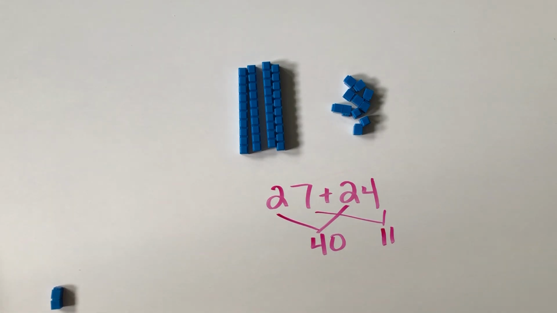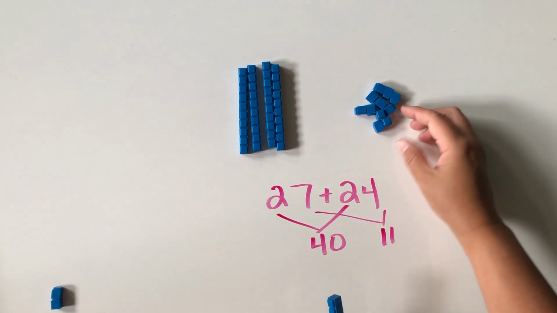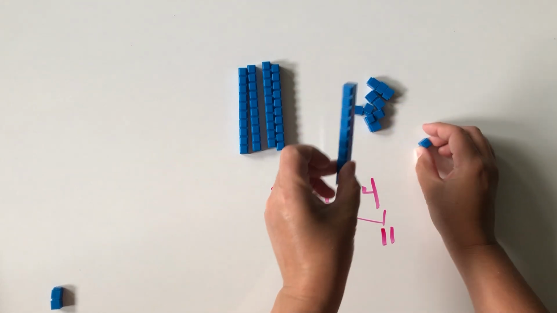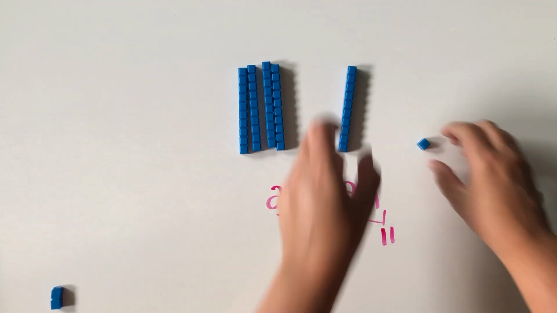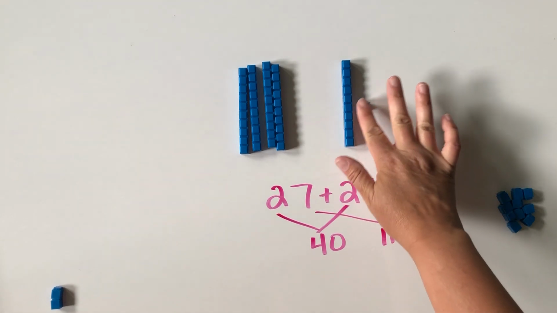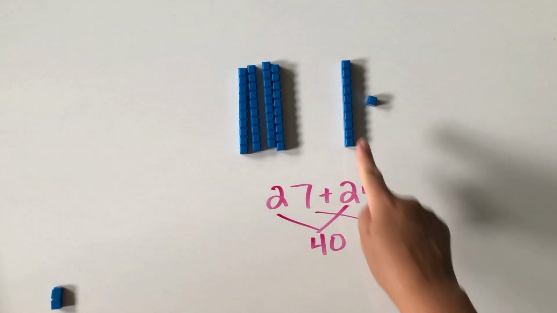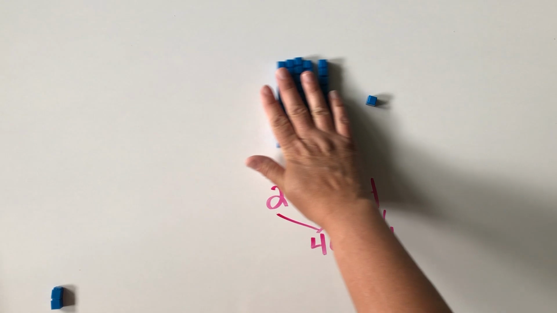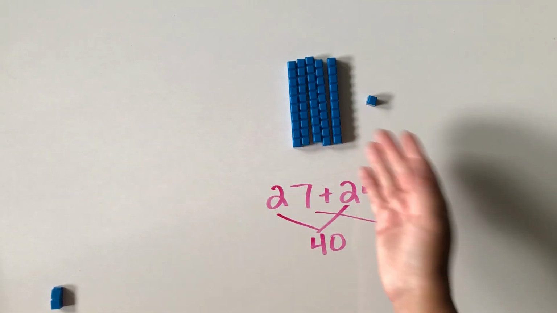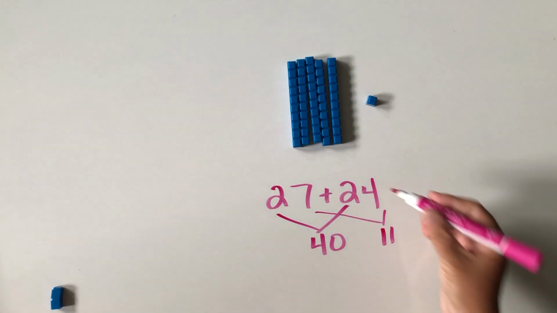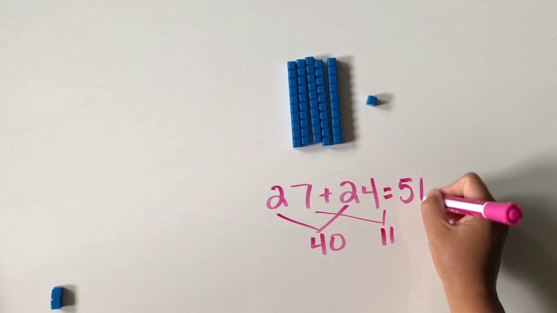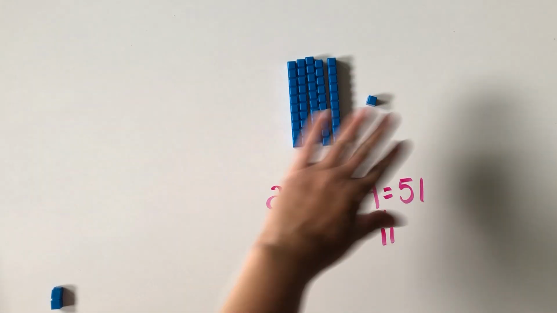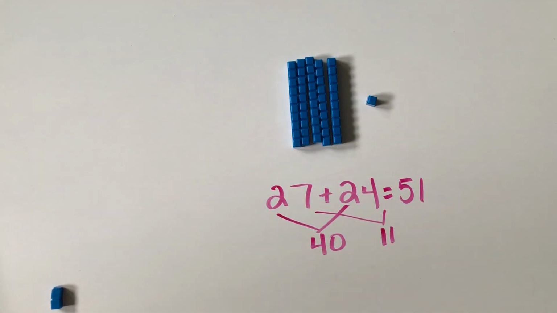Now, if your kids are familiar with base 10 blocks, they'll know that they can trade 10 of these 1s for a 10. So let's take out 10 of the 1s, and we're left with this. And now the 10s can be moved over to the 10s place, and we can very easily see that we have 51.